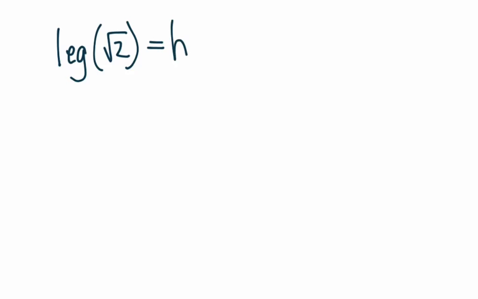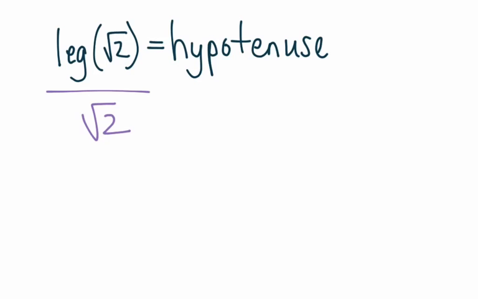What we found out is that when we have the leg given, the hypotenuse is equal to the leg times square root of 2. If you're given the hypotenuse and you want to solve for a leg, we simply do an inverse operation, where we divide by the square root of 2.